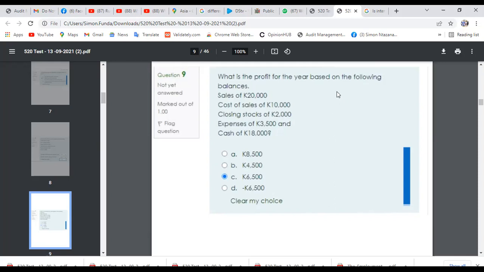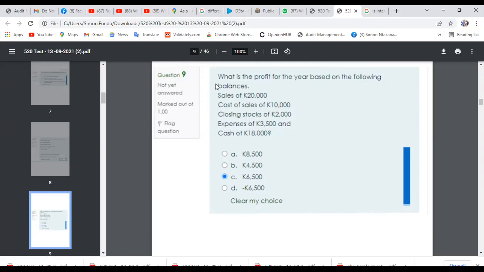Then if you have any purchases, you add opening stock to the purchases. Then if there is closing stock, you subtract, then you have the cost of sales. Then you subtract the cost of sales from the sales to get the gross profit. Thereafter, you less any administration expenses. In this case, we have 3,500. Then you have your profit for the year.